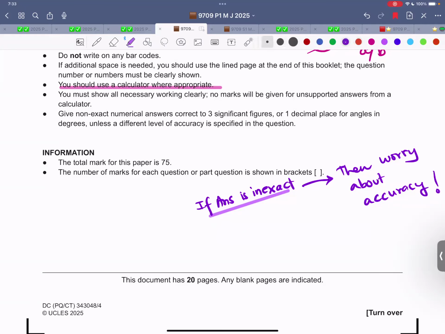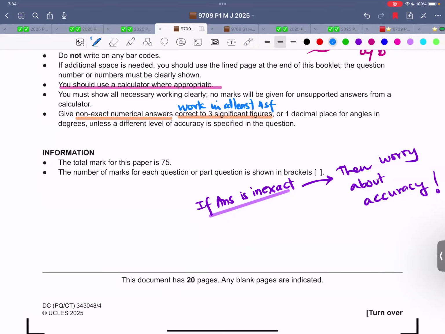The normal rule, what is the normal rule? The normal rule is give non-exact numerical answers correct to 3 significant figures. That means we should work in at least 4 SF. If you want to work in 5 SF, there is no harm, but at least 4 SF.